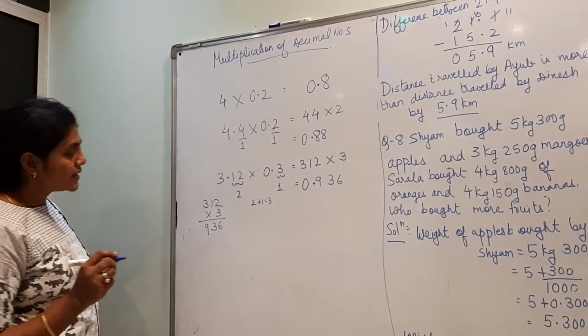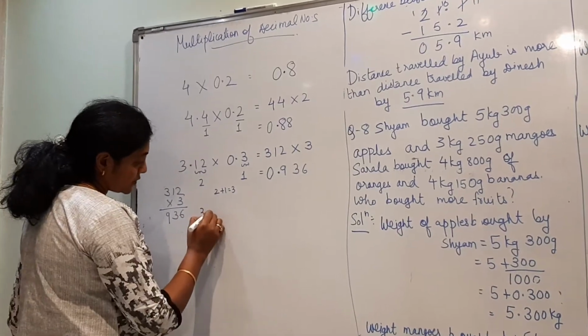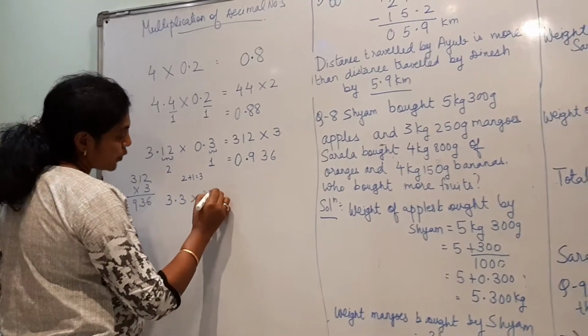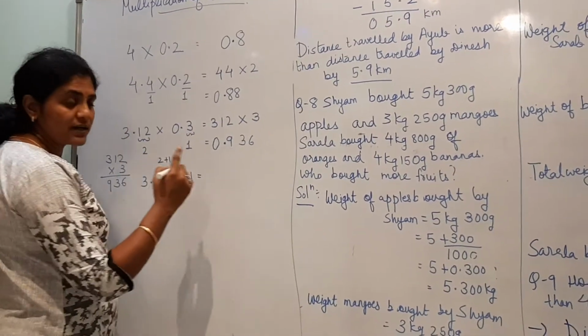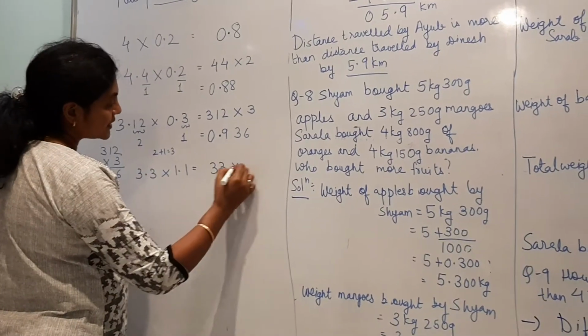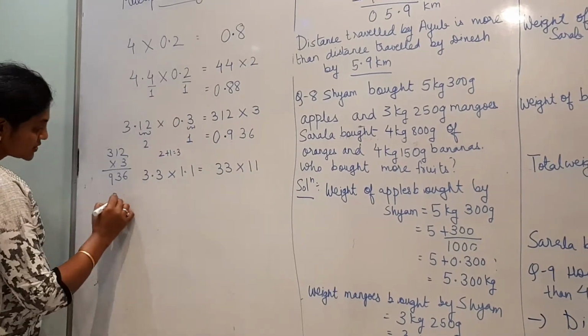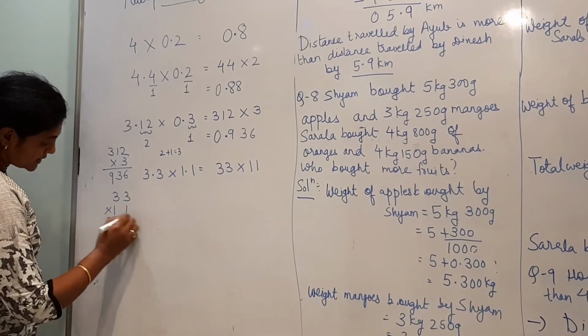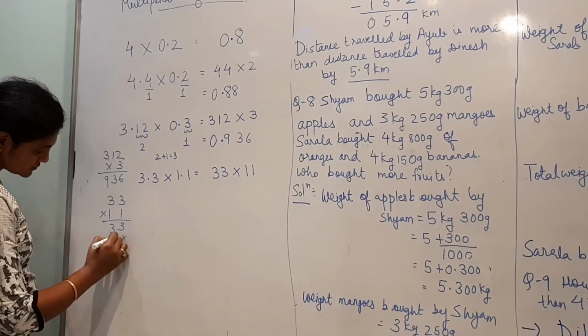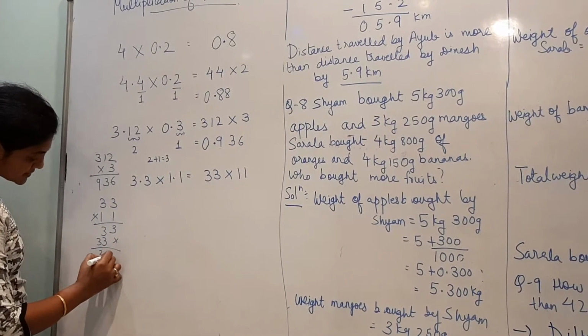Yes. Then again one more I am giving, 3.3 into 1.1. Remove the point. Just multiply 33 into 11. So 33 into 11 is, yes, 363.